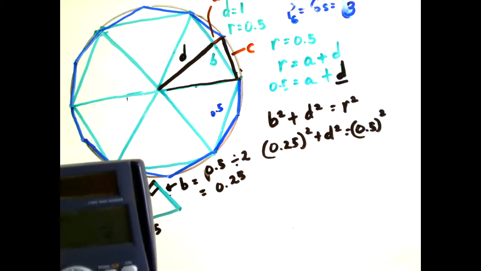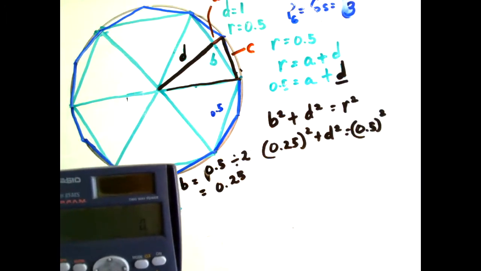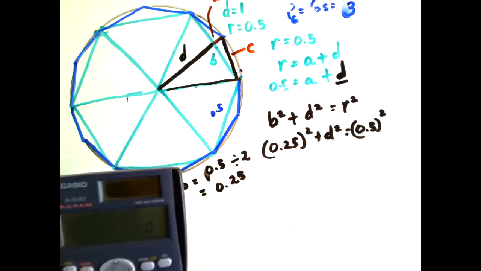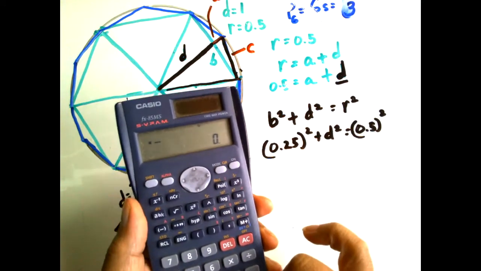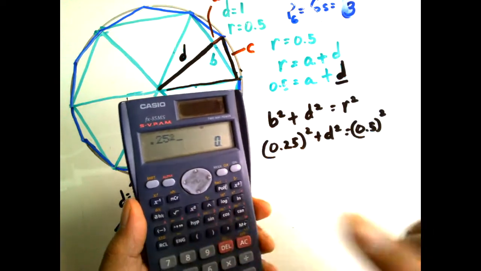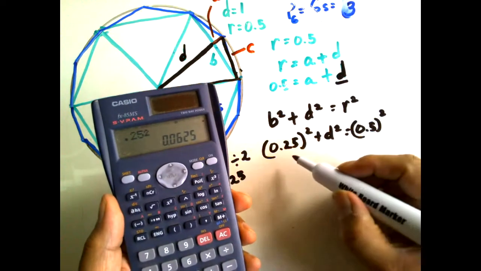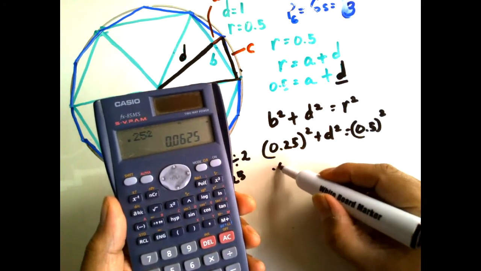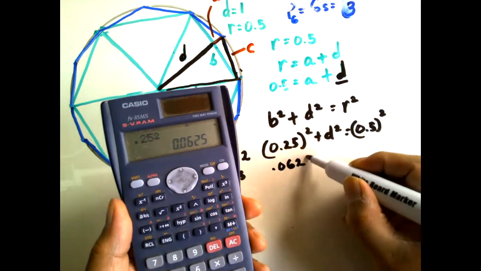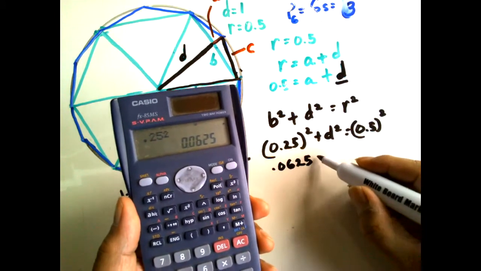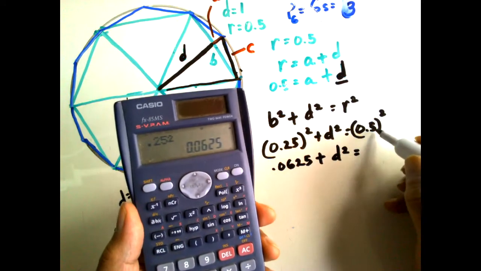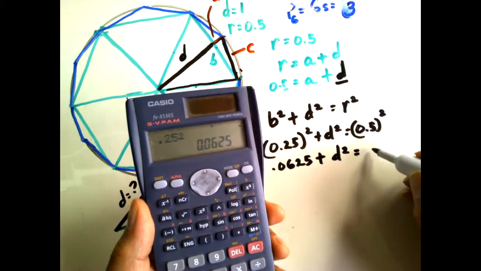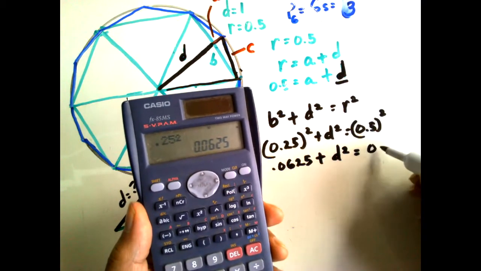And so we solve for the values. 0.25 squared is 0.0625, plus D squared equals 0.5 times 0.5, which is really 0.25.